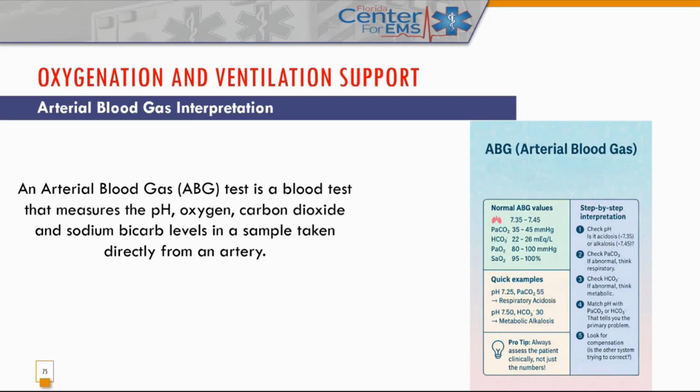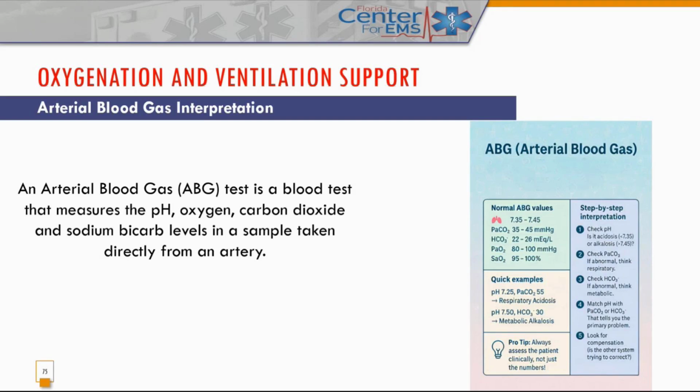Then I would suggest looking at the CO2. If the CO2 is between the norms, the 35 to 45, and the pH is normal, that means their ventilation is okay because they're managing it. Now, if that CO2 is high and the pH is normal, something has had to intervene to keep that pH there, and that's a slower process where you're going to have an increase in production of bicarb to balance that higher CO2.